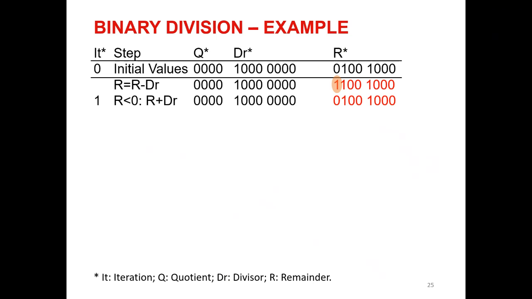The remainder initially had this value, and we need to restore it to this value. For restoring it, we just undo the operation we have just done. If before we have subtracted the divisor, now we are going to add it again. What do we need to do then? We shift to the left the quotient, which is what we have done here.